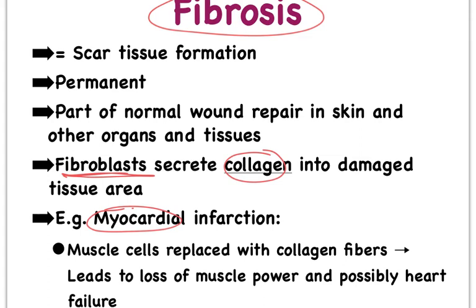As you can imagine, the heart is not going to be able to do its contracting and all of its stretching in response to the blood filling the heart, with all of those collagen fibers present. So the heart really loses its efficiency with all of that scar tissue.